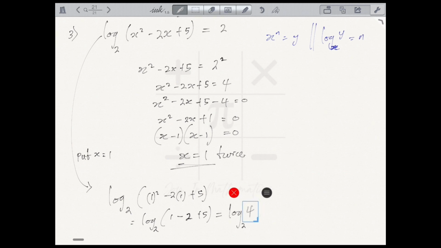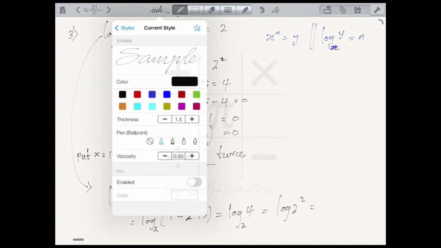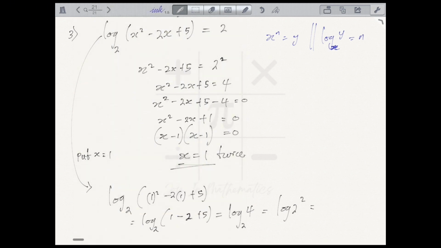Now 4 can be written as 2 raised to the power of 2. That's log of 2 raised to the power of 2. If you apply our power law, which says that log of p raised to the power of n to base b is equal to n log p to base b. Therefore, this will result in 2 log 2 to base 2.